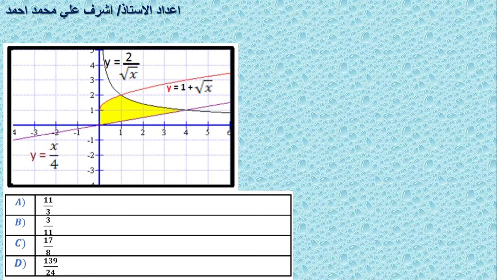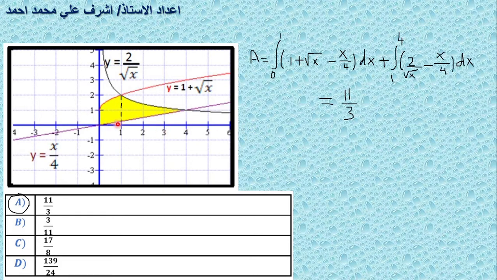So we'll make it two areas: from 0 to 1 between this curve and this curve, and from 1 to 4, sorry, between this curve and this curve. Okay, so we'll get now the integral from 0 to 1, upper minus lower.